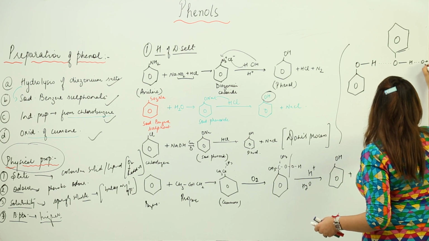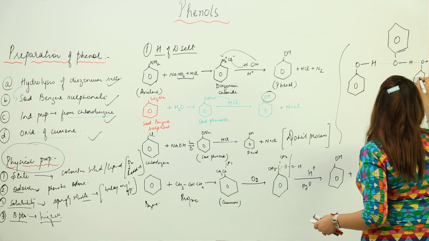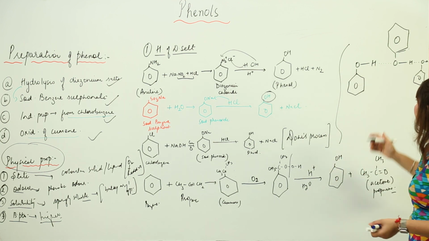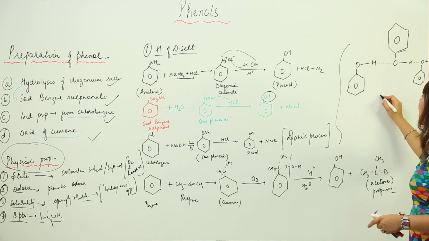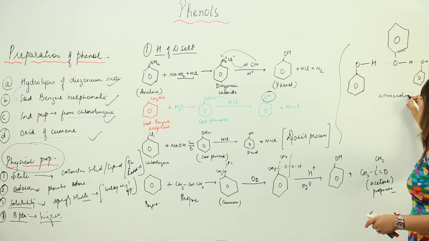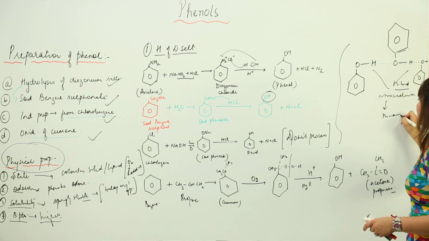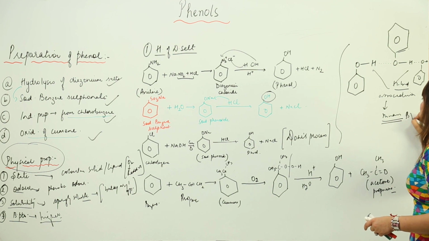They do hydrogen bonding with the other phenol molecules, giving rise to an associated kind of structure, and due to this association they comparatively have higher molecular mass, and therefore their boiling point is higher as compared to the alcohols.